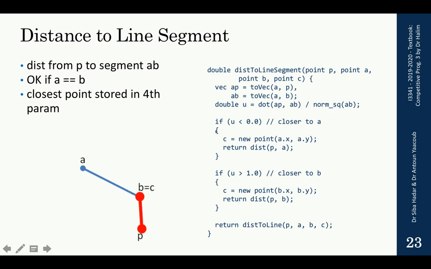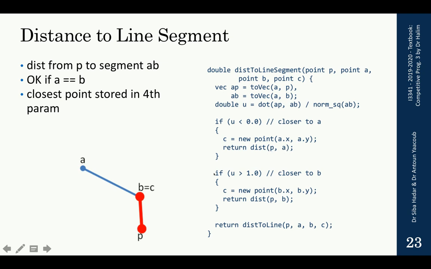We will examine the value of U. If it is less than 0, it means that P is closest to A, so the point C will be nothing but A. I will create a new point with the A value, and I will return the distance from P to A.